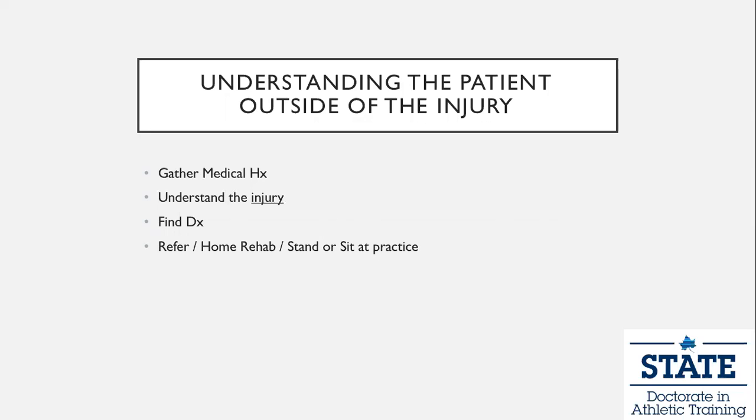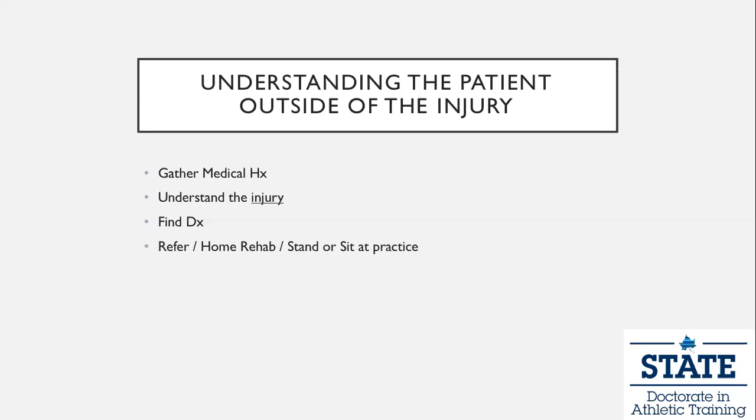Generally, what I usually do is gather a medical history, understanding if there's anything in their family medical history, previous injuries, things like that, that have led up to this point.